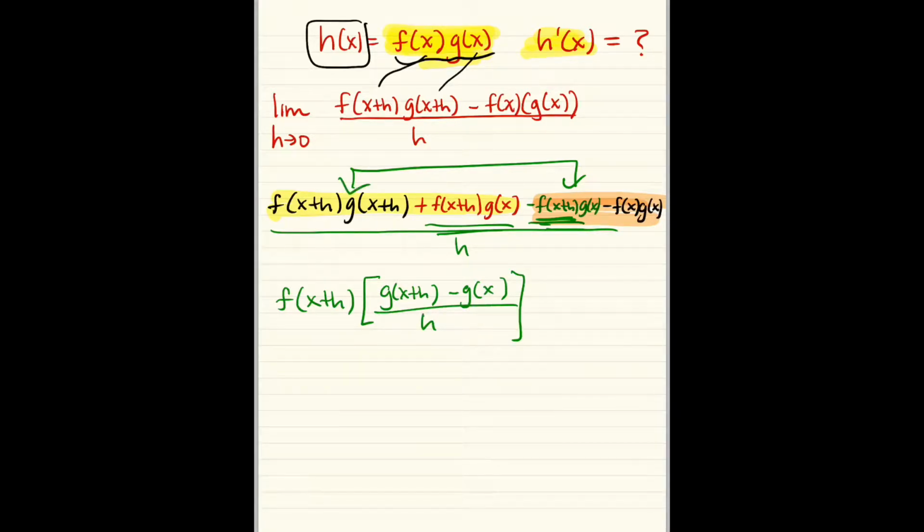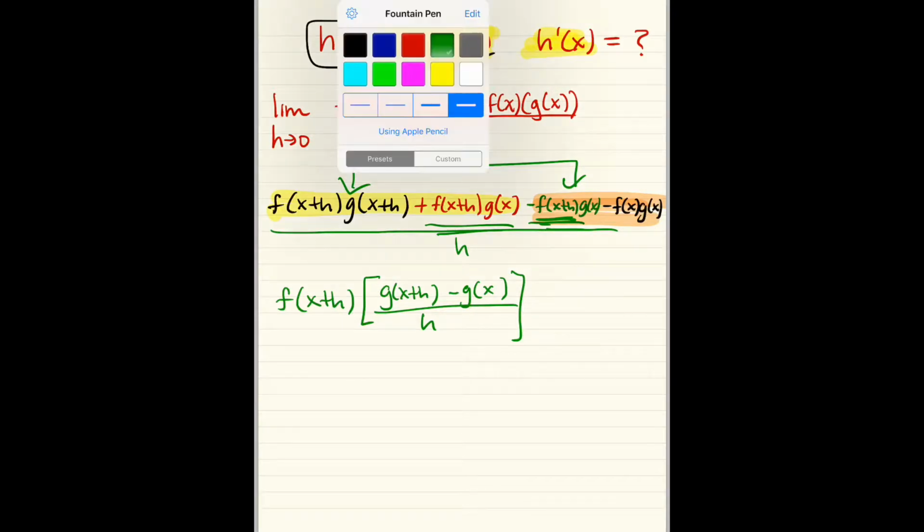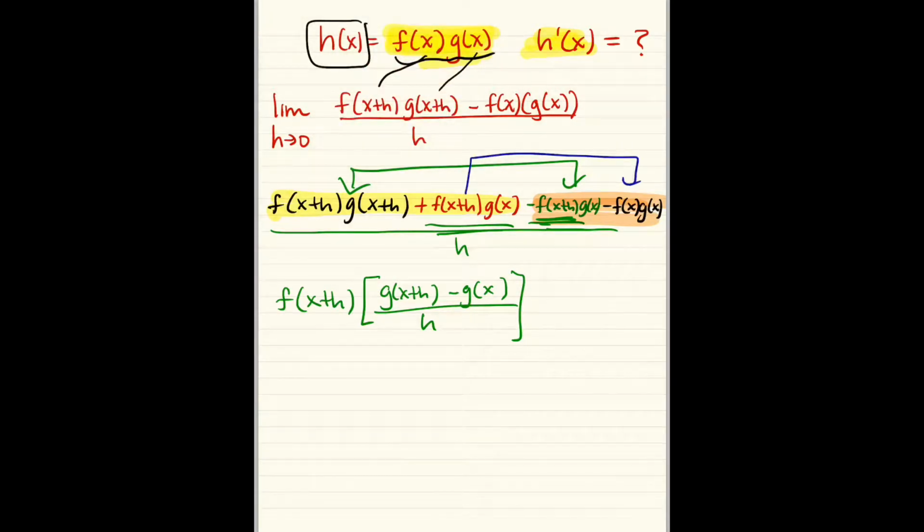So I used that guy and that guy. Now, what I want to use is him and him. So in this case, I'm going to factor out a g of x, and I'm left with f of x plus h minus f of x, and that's going to be over h as well. So from the red and the black, I factored out a g of x, and from the black ink and the green ink, I factored out an f of x plus h.